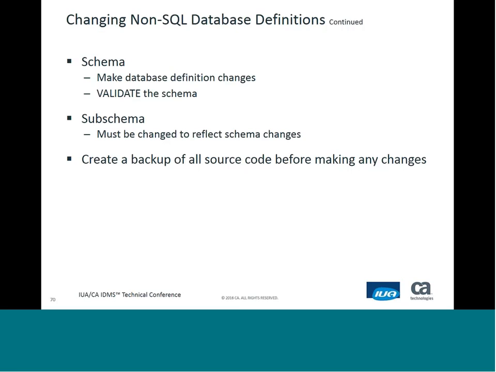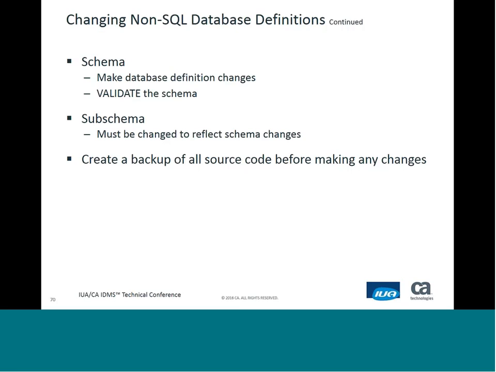Validation is necessary on a schema level because that is where we make sure that everything logically makes sense. It is conceivable that you make a change and there might be some type of an error. Maybe you get the pointer positions for a set incorrect when you're adding them.